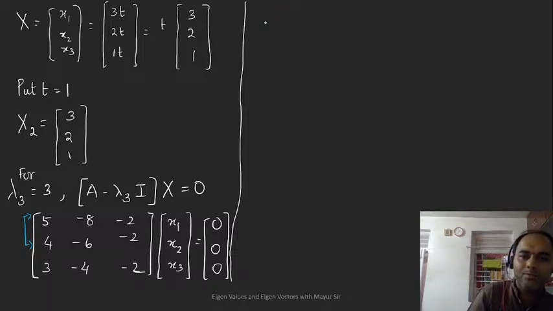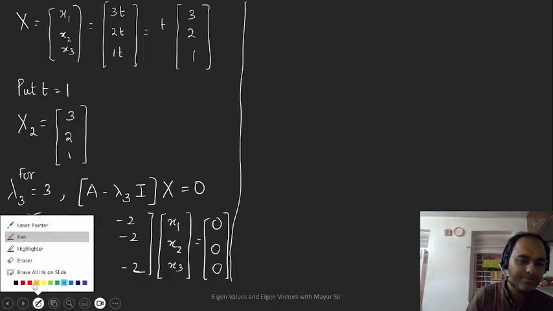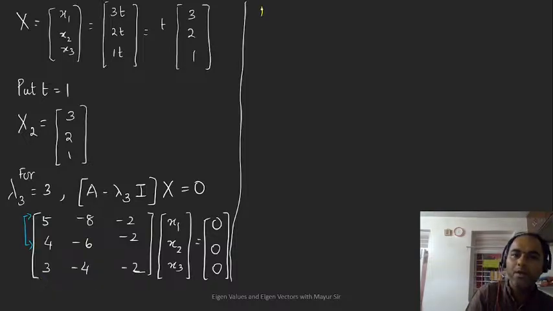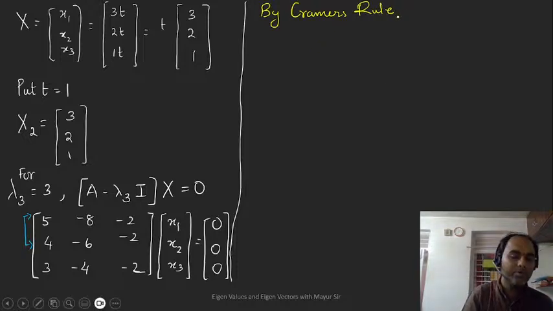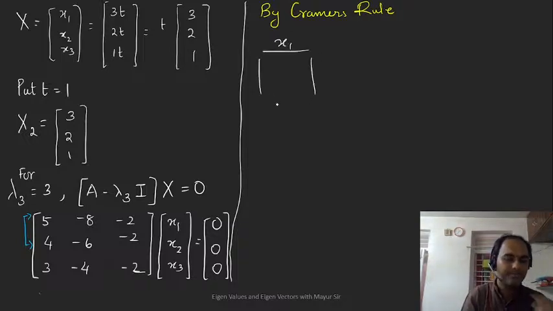So now, by Kramer's rule, you write by Kramer's rule. How do we do this? You have here x1 over some numbers, minus x2 over some numbers, and then x3 over some numbers.